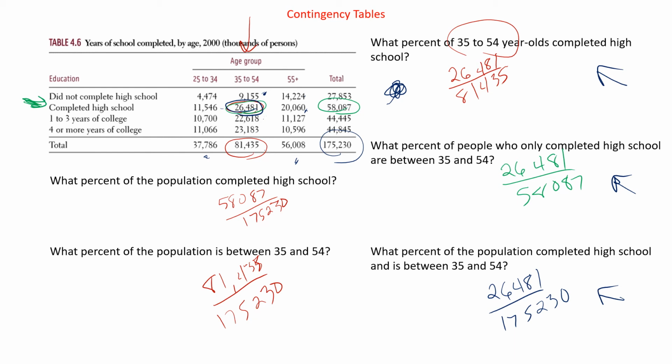If you had to make a graph, the graphs for these are the exact same as the graphs for just the regular frequencies. You would just do it with each thing. If we found all of them for the columns, we'd have a graph for the 25 to 34-year-olds. We'd have a graph for the 35 to 54-year-olds. We'd have a graph for the 55 pluses. And we'd put them next to each other.